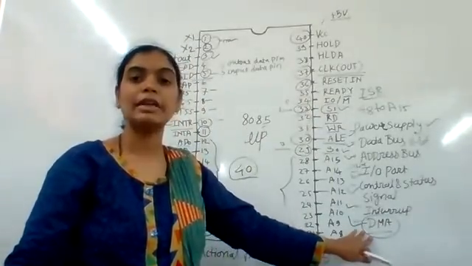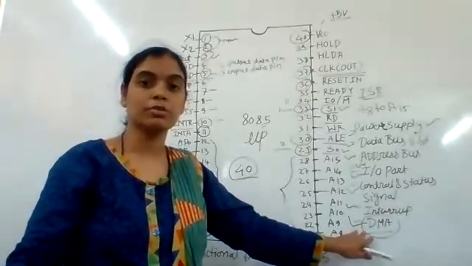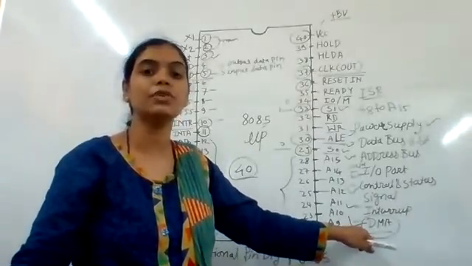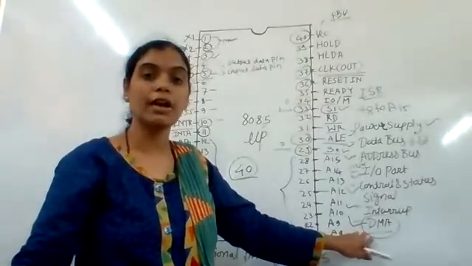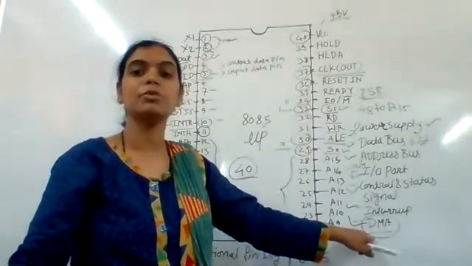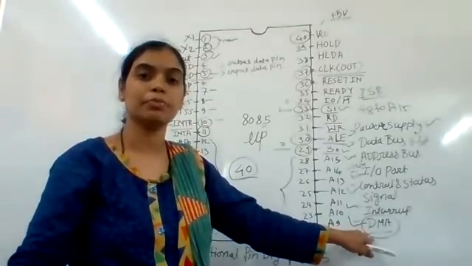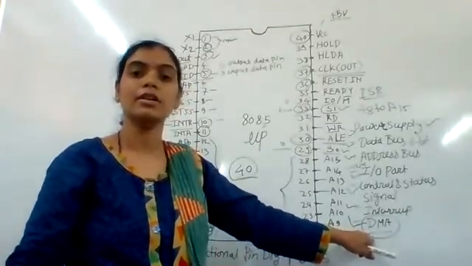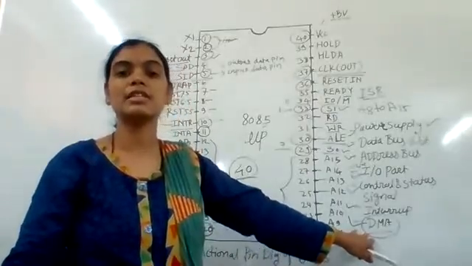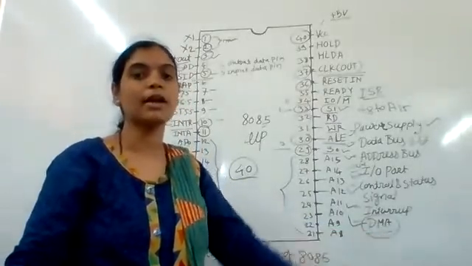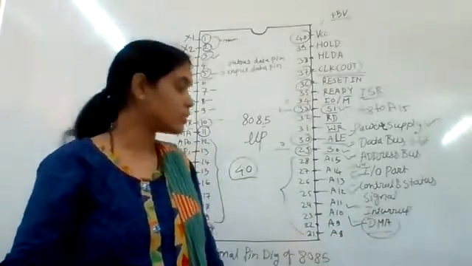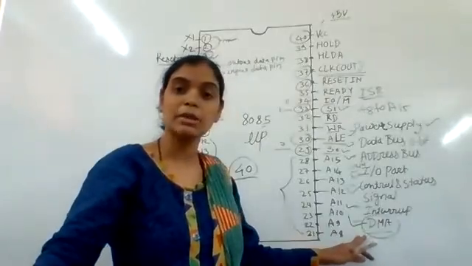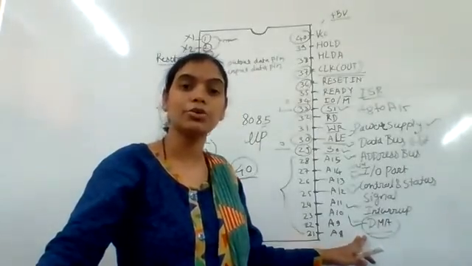However, when a large amount of data is to be transferred between an I/O device and memory, the CPU gets disabled. This transfer is managed by an external control circuit.